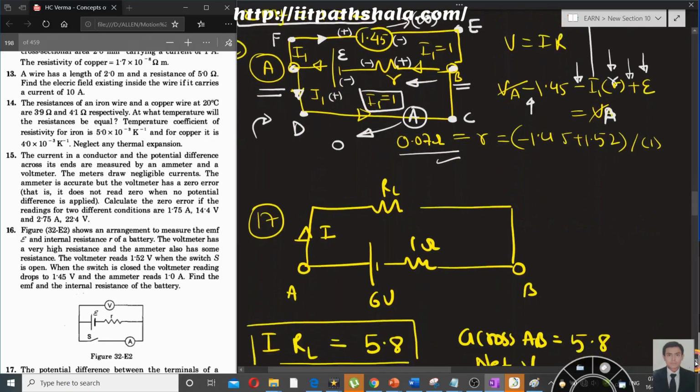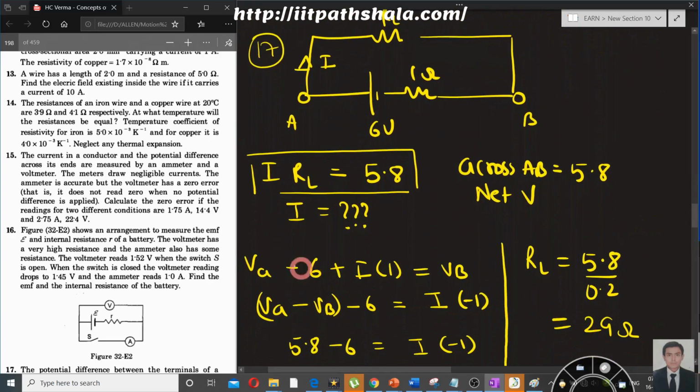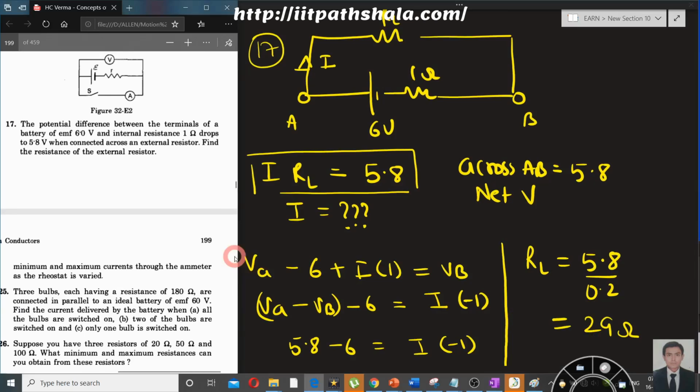Now moving fastly toward the next question itself, which says the potential difference between the terminals of the battery is 6 volt. Okay, the internal resistance is 1 ohm. Yeah, there is my internal resistance of the battery, and this potential difference of my battery, which was presumed to be 6 volt, actually it should be 6 volt, is now 5.8 volt, because of this culprit small r, or your internal resistance over here.